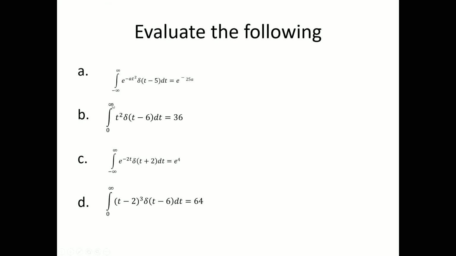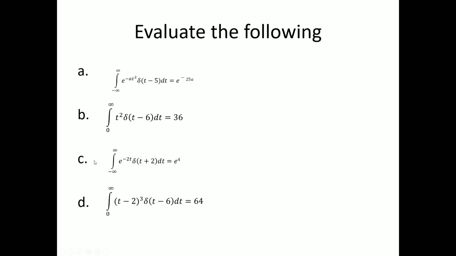Similarly, the integral from 0 to infinity of t square into delta of t minus 6 dt follows the same property. t is replaced with 6, so I have 36.